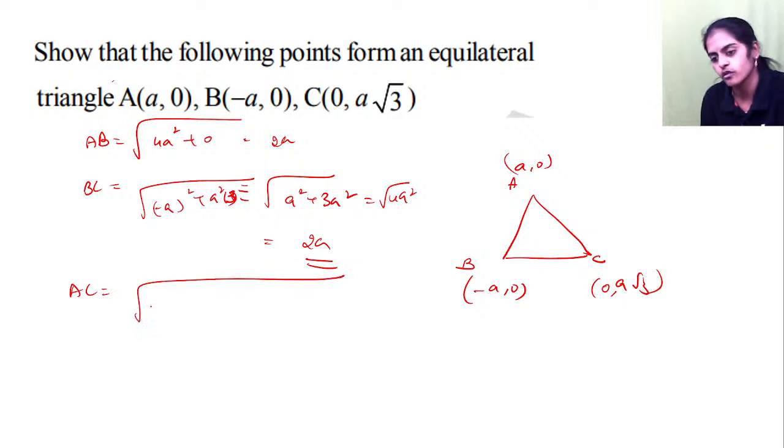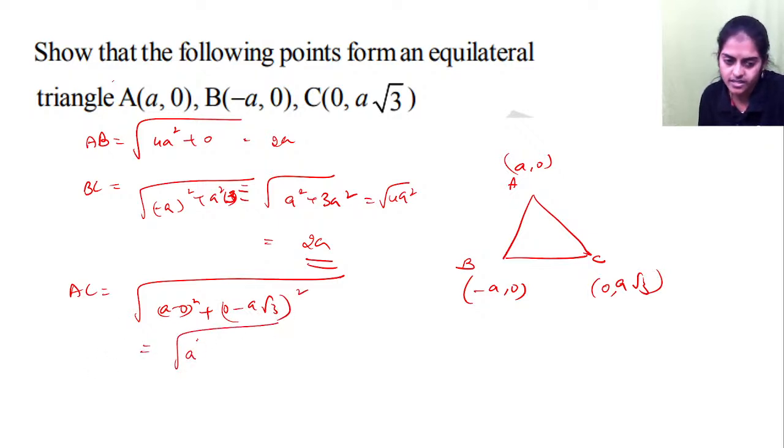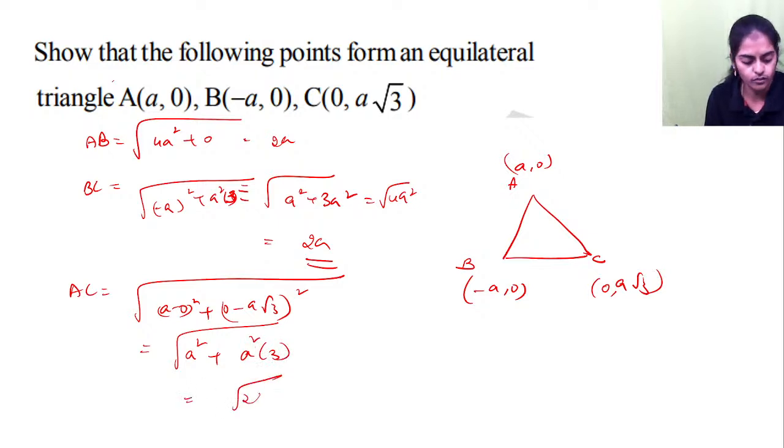AC is nothing but root of (a minus 0) whole square plus (0 minus a root 3) whole square. So that is a square plus a square into 3, which is root of 4a square, so 2a. So all sides, AB is 2a, BC is 2a units and AC is also 2a.